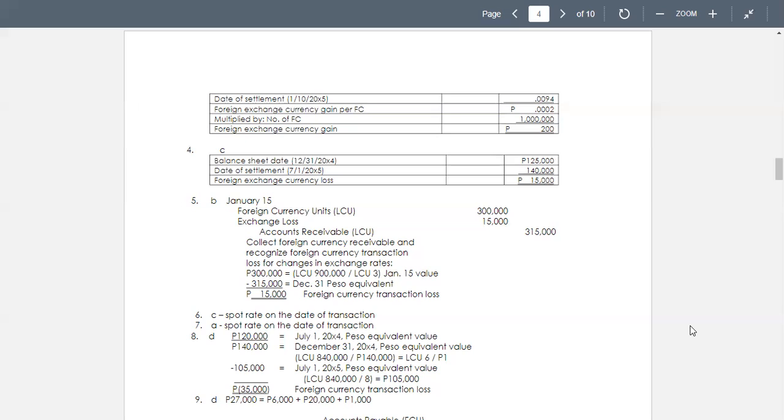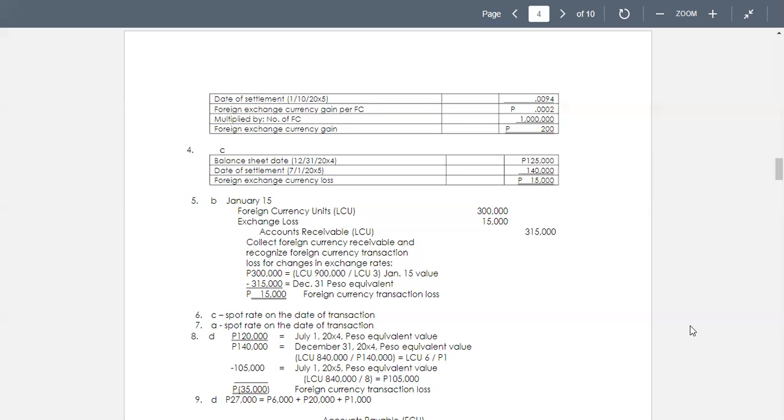So you get LCU 6. LCU 6 is to 1 peso. So you get 140,000. On July 1, 20x5, peso equivalent value is 840,000 divided by 8.